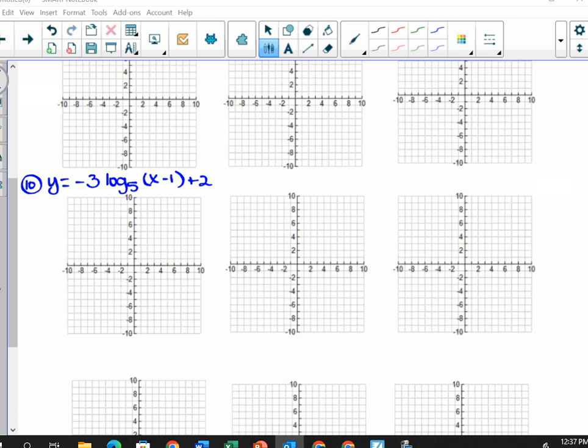This one reflects over that line. So the rules don't switch around.